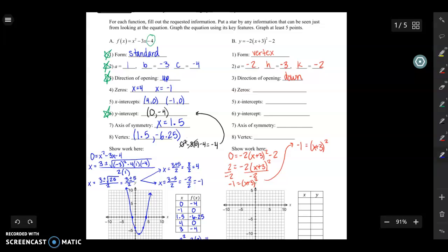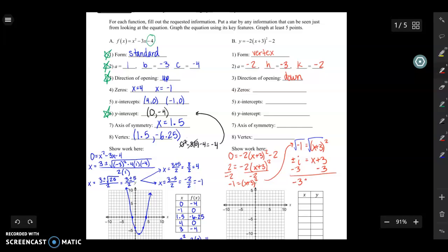-1 equals (x plus 3) squared. Then I'll take the square root of both sides of my equation. The right side is just going to turn into x plus 3, which is super nice for us. The left side is going to turn into i. The square root of -1, remember, is always equal to i. And don't forget that you need to have the positive and the negative. The final step to getting x by itself is to subtract 3 from both sides.